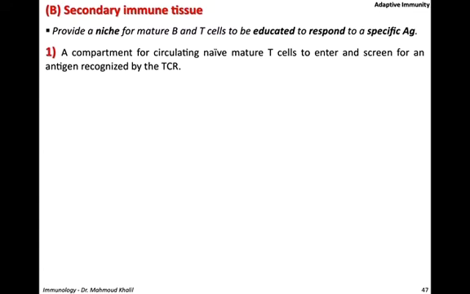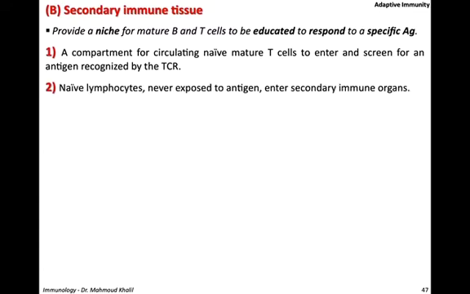So these secondary immune organs are a compartment for circulating naive mature T cells, cells that have not yet encountered an antigen, to enter and screen for an antigen recognized by their own TCR.